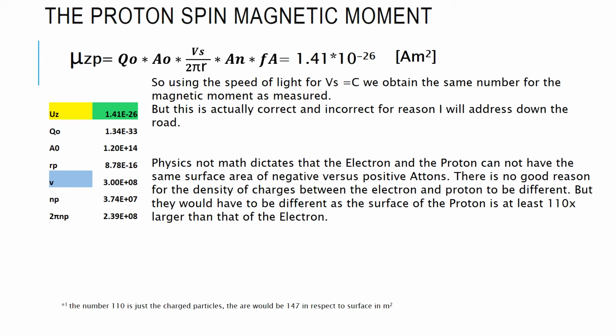So the proton has about 110 times the surface of the electron, and then there would be the problem that the positive attons would have to be evenly distributed at a lot lower charge density than the electron.